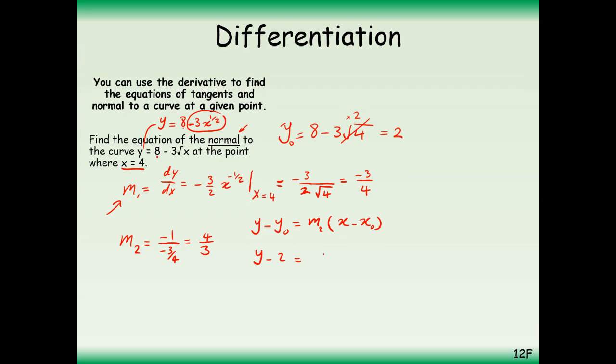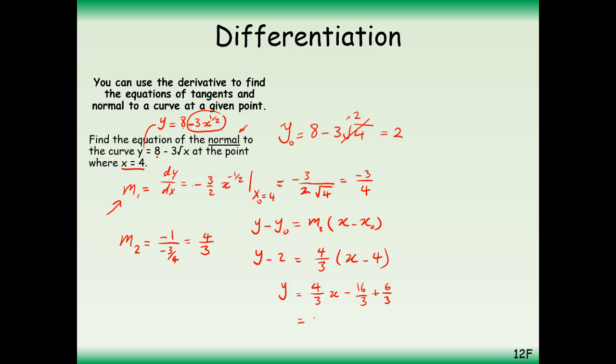m2 was 4 over 3, and x minus x naught here is x minus 4, so we have to multiply the bracket and just tidy things up a little bit. So 4/3 of an x, 4 times 4 is 16 over 3, and when we add the 2 means adding 6 over 3.